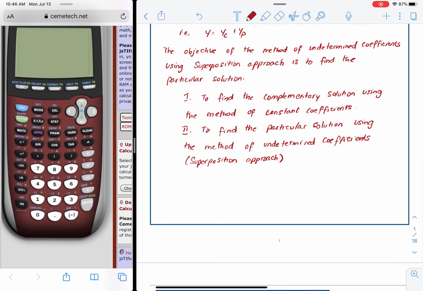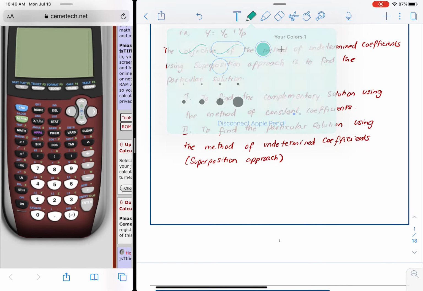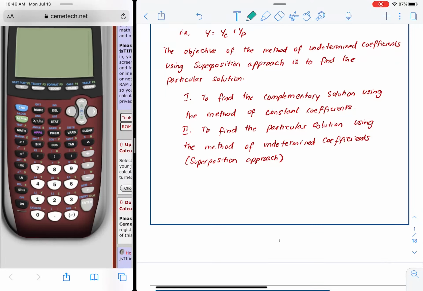Now, the key thing to note here is that the superposition approach is not, I don't want to use the word precise or accurate, I should say not effective, in the sense it requires thoughtful guesswork.